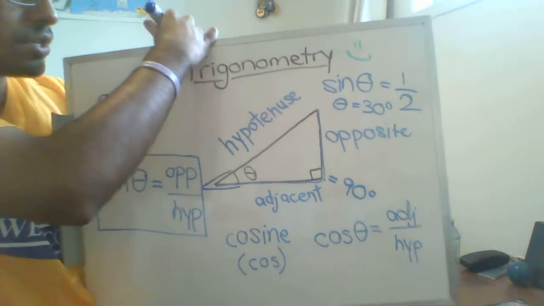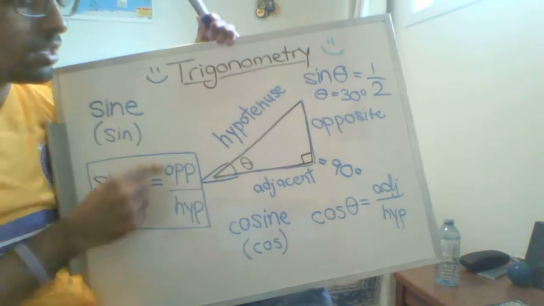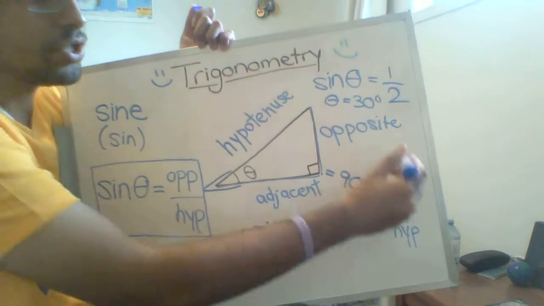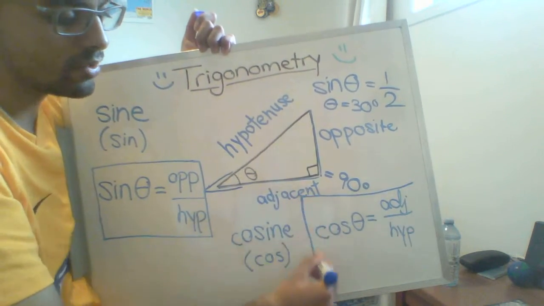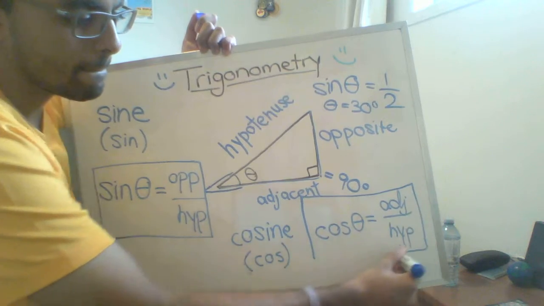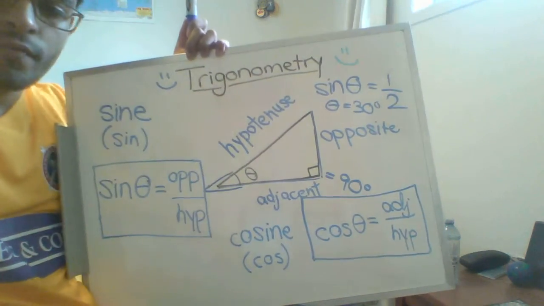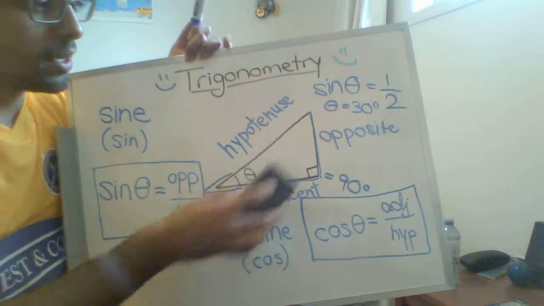So we know our sine function is opposite over hypotenuse. We know our cosine function is adjacent over hypotenuse. Okay? And there's one more. You might see where this is going, you might not.